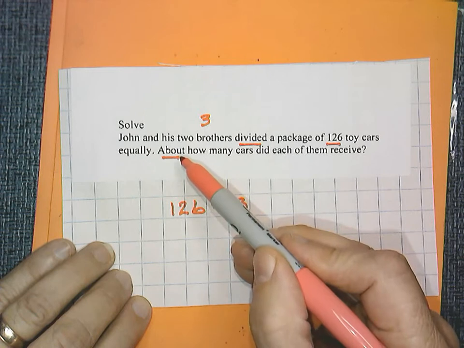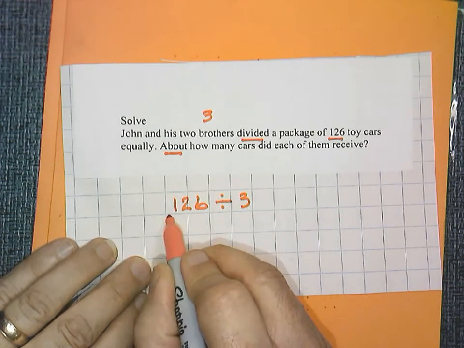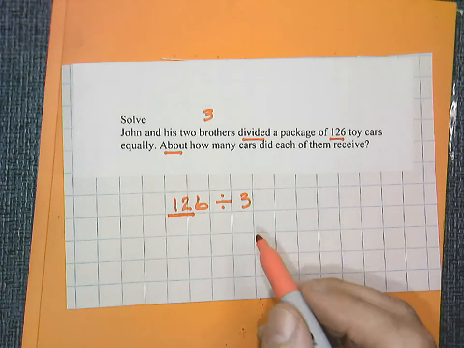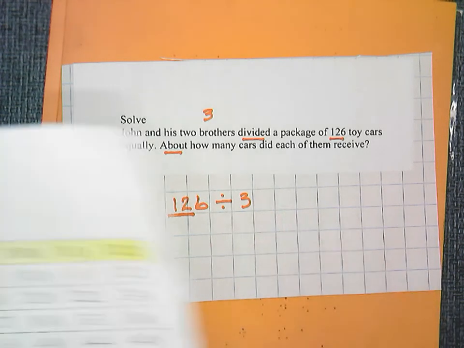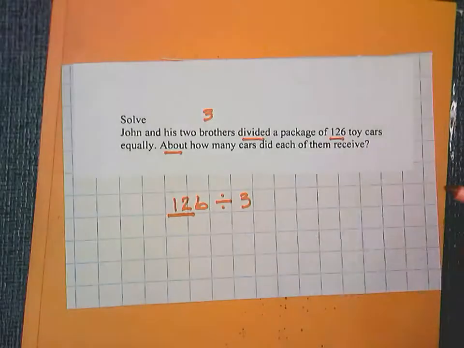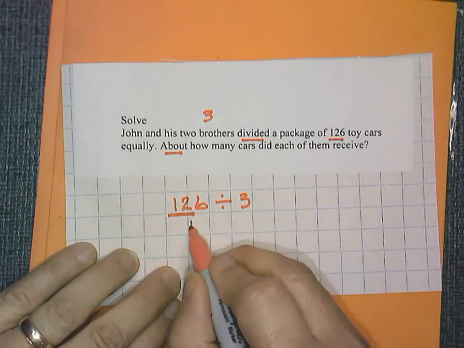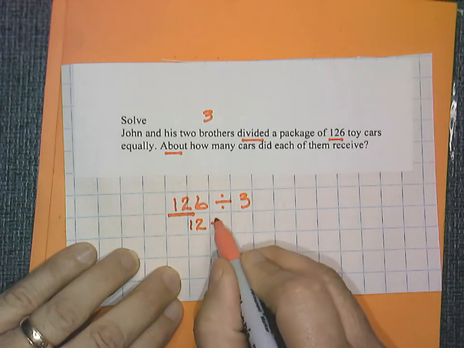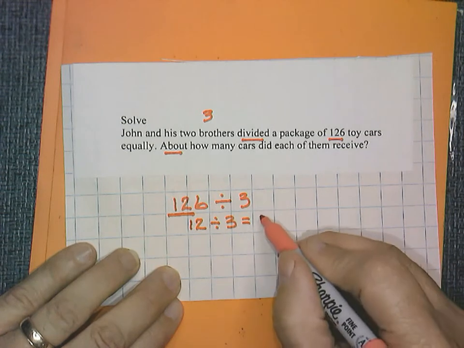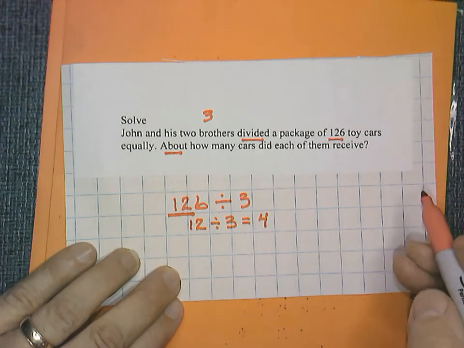Because of the word about, I'm going to find a compatible number. If I go to my 3's, that actually is 12. So that stays the same. 12 divided by 3 is 4.